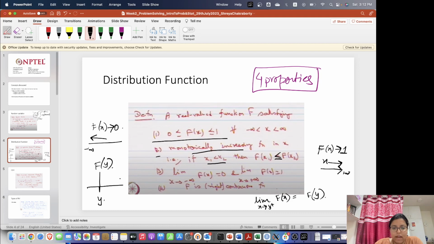If x moves towards y from the positive side, then the F(x) value in a limiting sense should go to F(y).